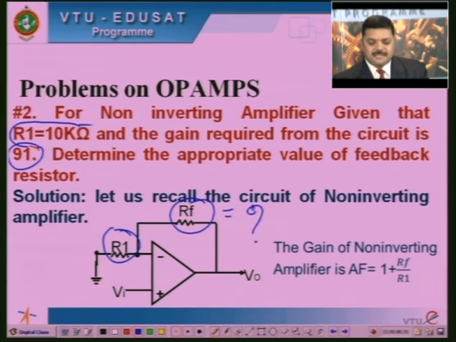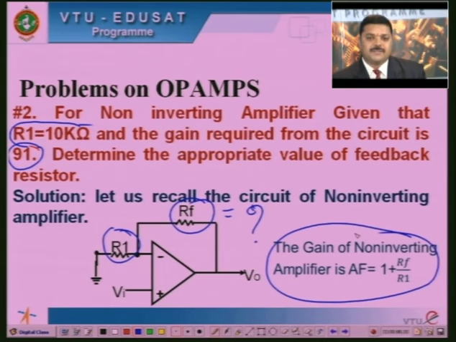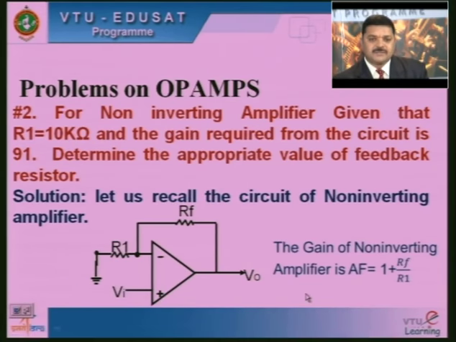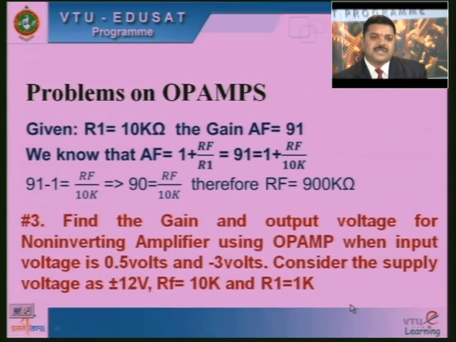We know that the gain of the non-inverting amplifier is given by AF is equal to 1 plus RF by R1. RF is to be found out, AF is given, R1 is given. So, we can easily find out the value of RF. Given R1 is equal to 10 kilo ohms, the gain is 91.